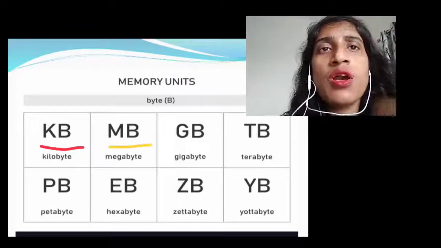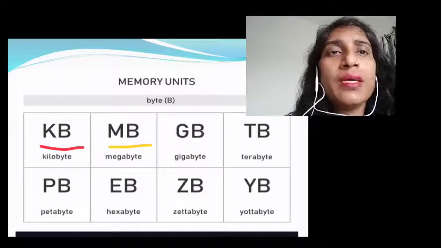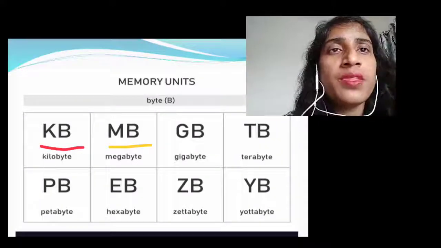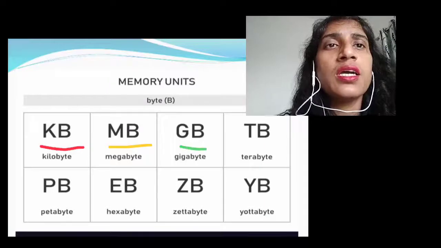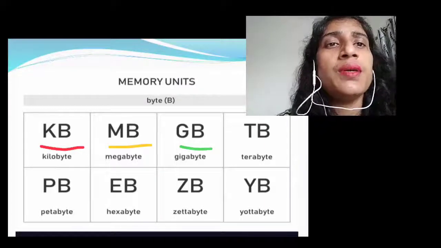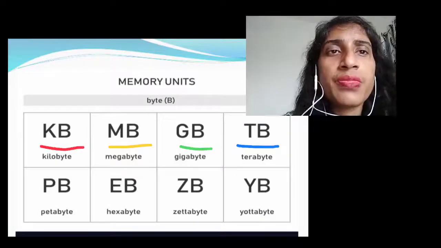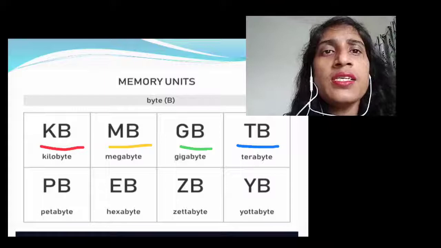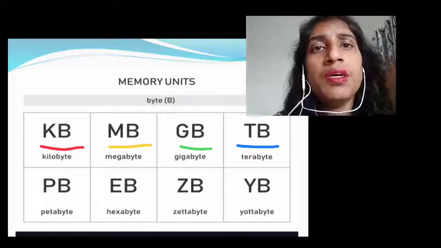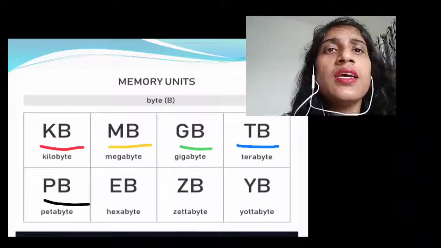MB is called megabyte. Third is GB. You have heard about GB? GB is gigabyte. Fourth is TB. TB is terabyte. Fifth is PB. PB is petabyte.